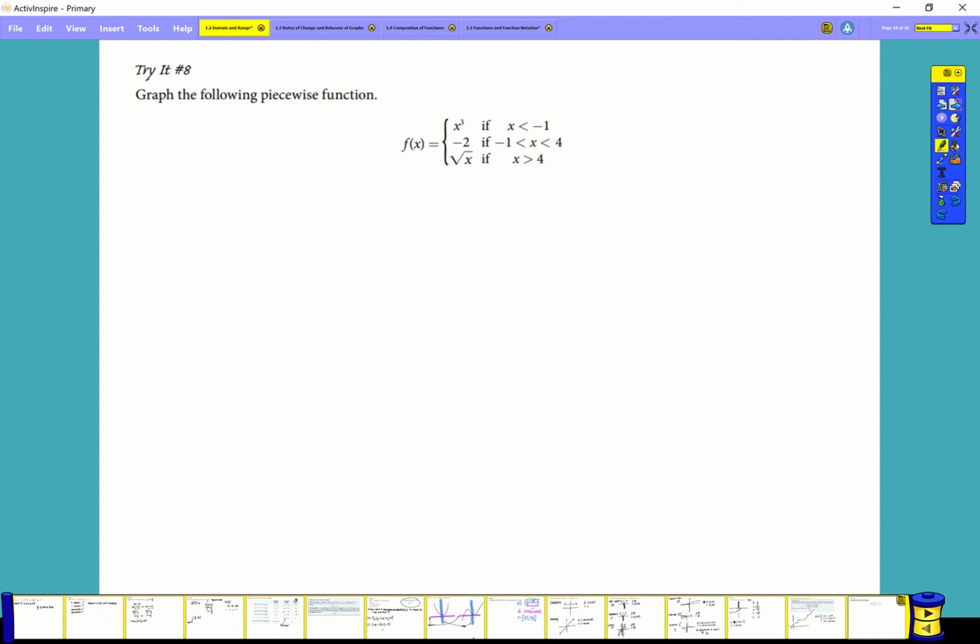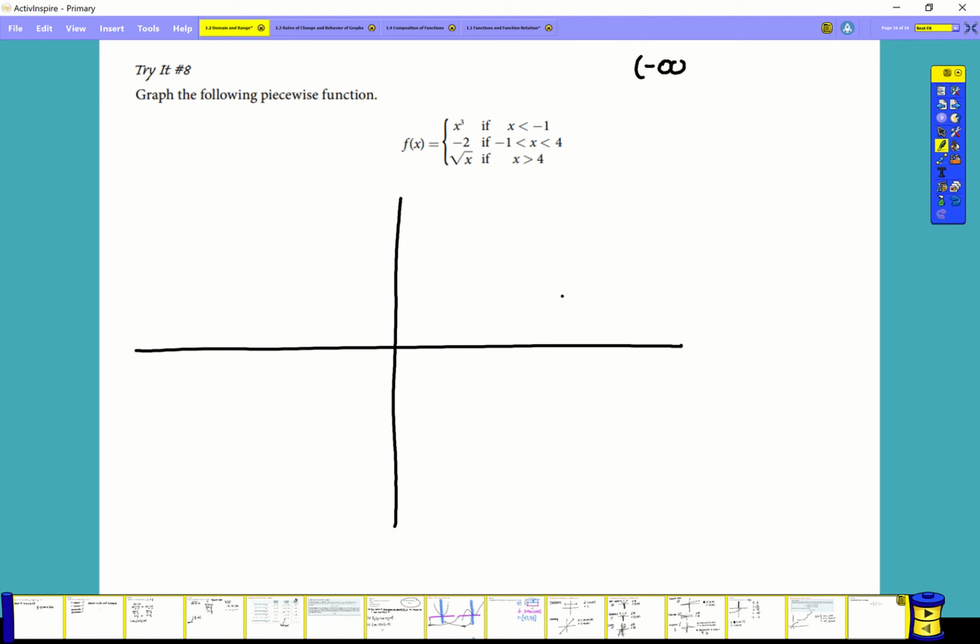So graph the following piecewise defined function. Here for this first one, when x is less than negative 1, our function is x cubed. So let's try x equals negative 2.